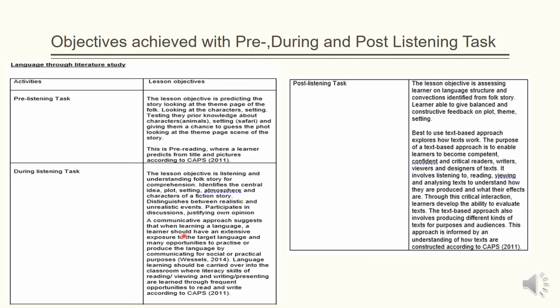A communicative approach is not abused but used, because now they are learning a language. Learners should be exposed to the target language, so that they get the opportunity to practice and produce their own communication within a social setup.